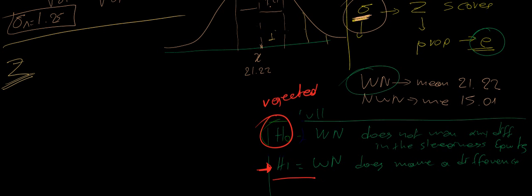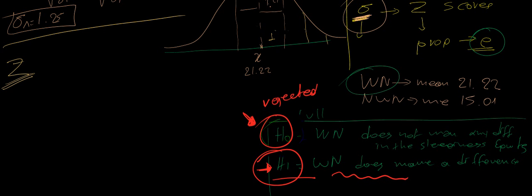Okay? So it has to do with what is your hypothesis. Do you believe that the white noise does make a difference? So, if you want to believe that the white noise does make a difference, you have to start by the opposite. You have to start with the null hypothesis that white noise does not make any difference. Okay. So let's start working on this and discussing how we're going to find the Z-score now.